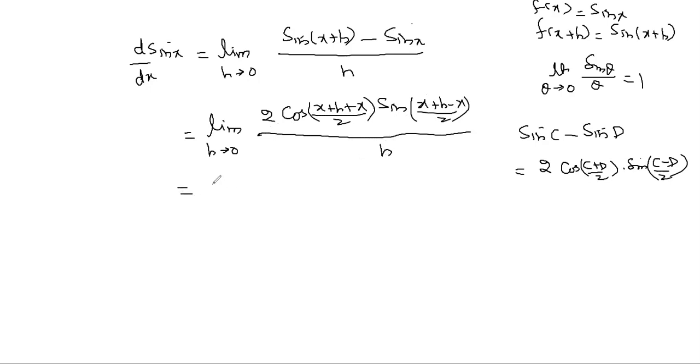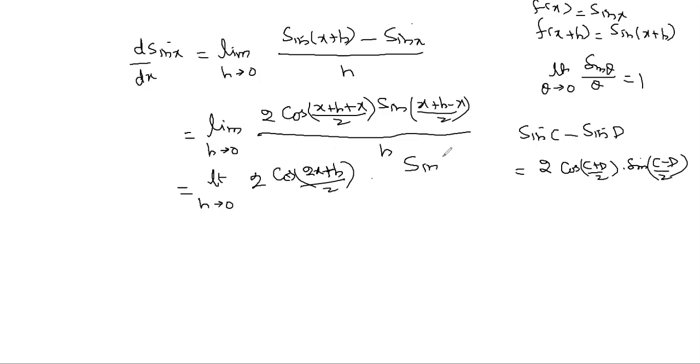Now limit h tending to 0, just solve the above one. 2 cos of (2x plus h) by 2 into sin h by 2.